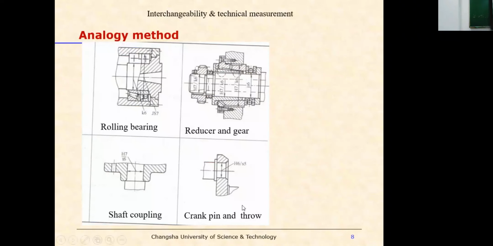And this one, because this is to collect it very well. Transition, because when we use the interference, it's hard to assemble. And this part, the crank pin and the shaft is S. This is also transition.